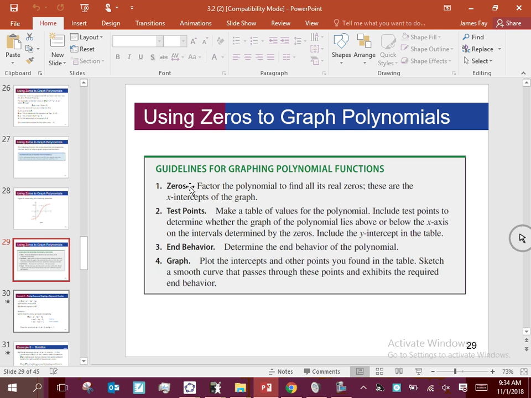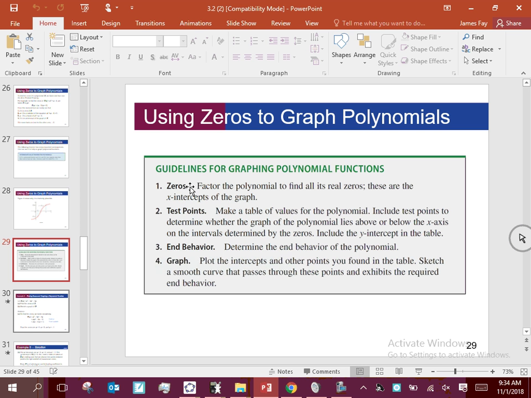But test points are going to take into account those maximum minimums. And that just means create a T-chart, essentially, choose some X values that are intelligent, evaluate, see what the Y values are, and plot a few test points between your intercepts, okay? Hidden behavior is going to be something we need. Okay, and hopefully that's something we can look at and realize right away. And then once we have those things, we just graph it, okay?